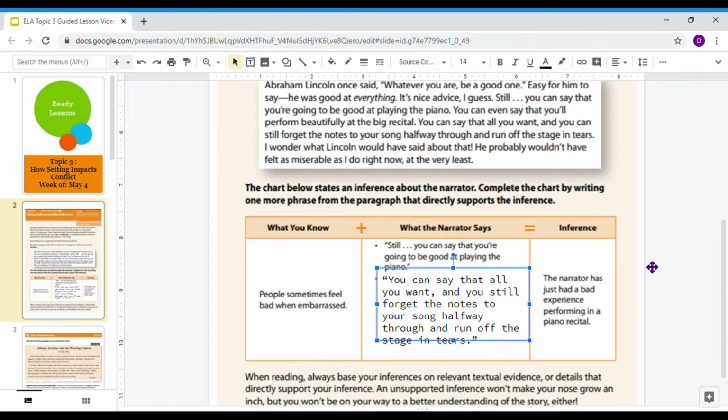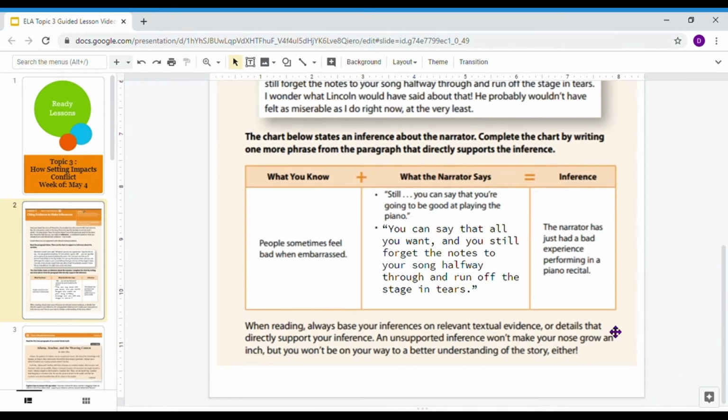The final little piece of information on this first slide says, when reading, always base your inferences on relevant textual evidence or details that directly support your inference. An unsupported inference won't make your nose grow an inch, but you won't be on your way to a better understanding of the story either.